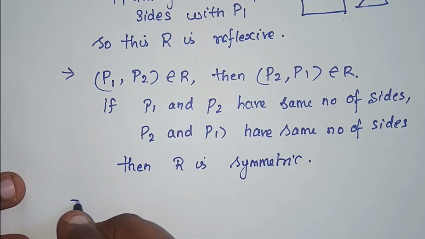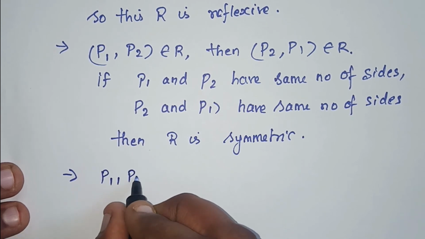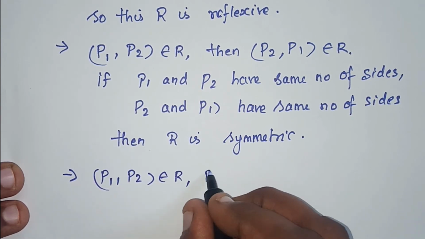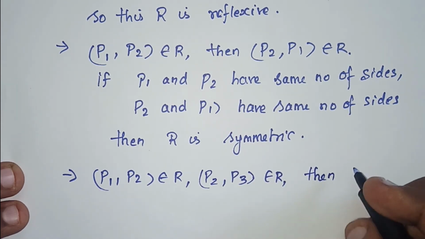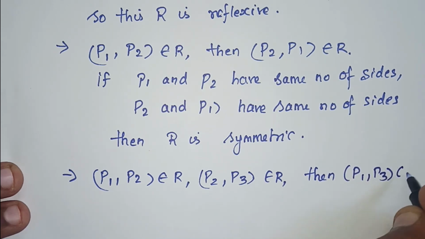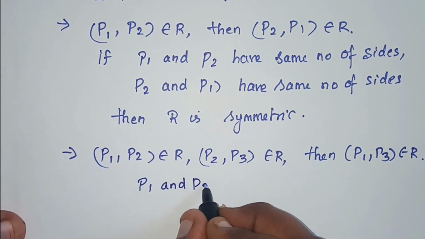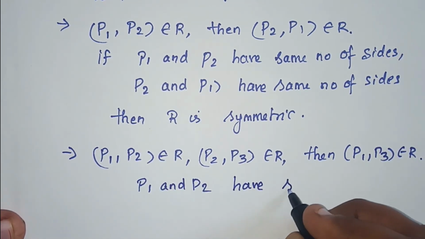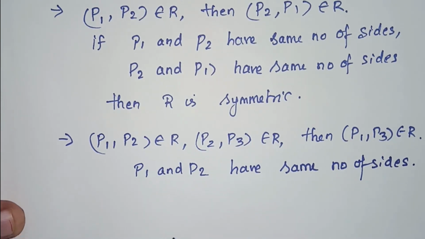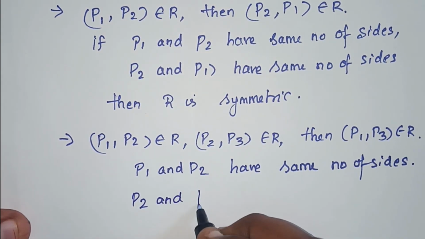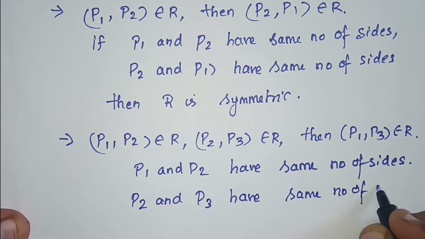Next we need to prove transitive. For transitive, we need to take 3 polygons. P1 and P2 belong to R, and P2 and P3 belong to R, then P1 and P3 also belong to R. P1 and P2 have the same number of sides, and P2 and P3 have the same number of sides.